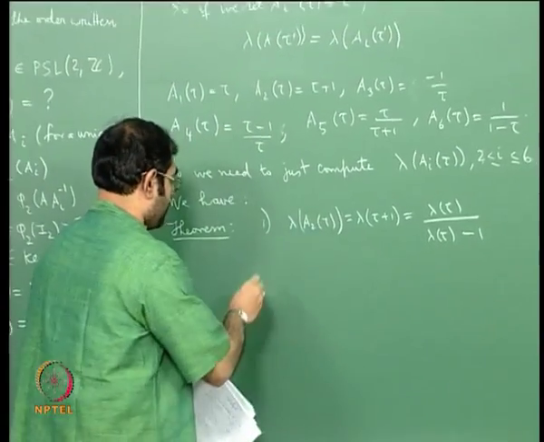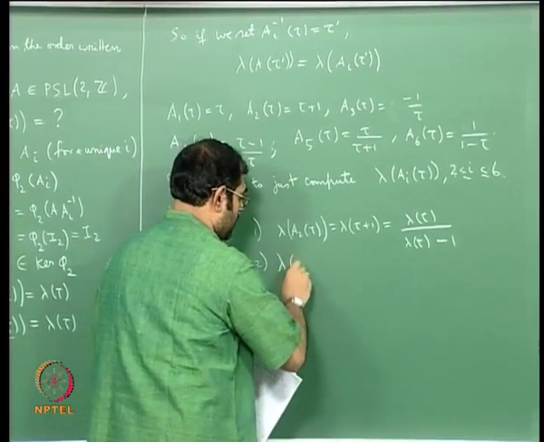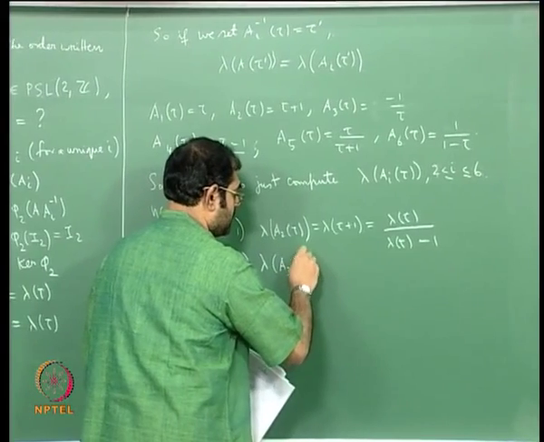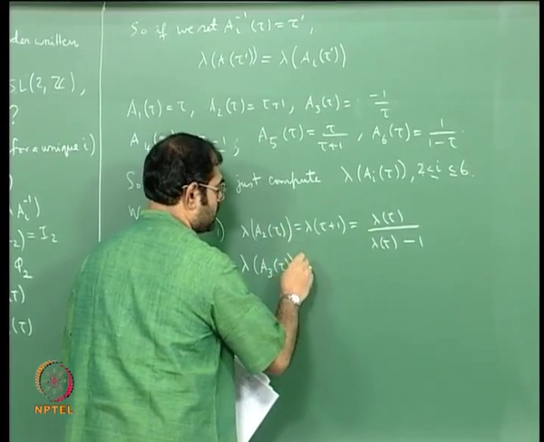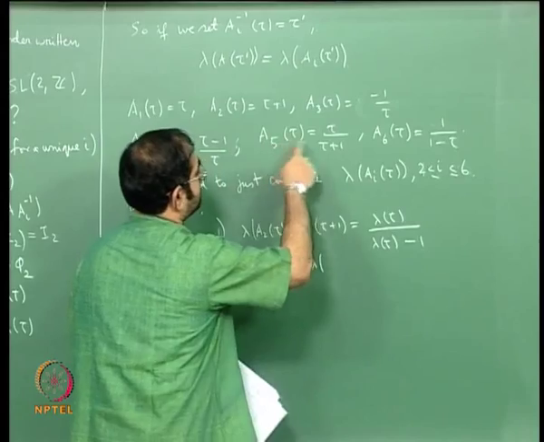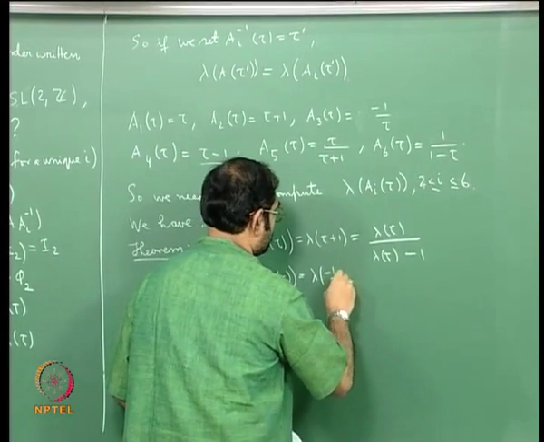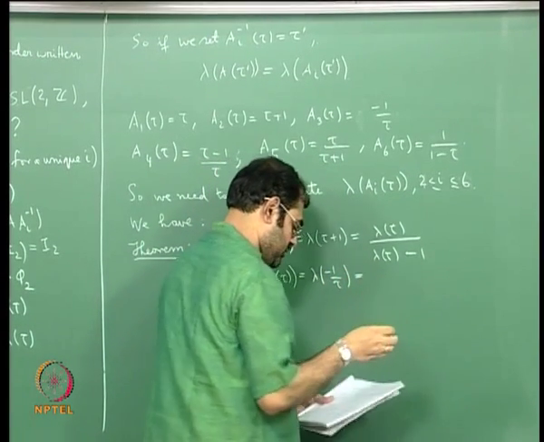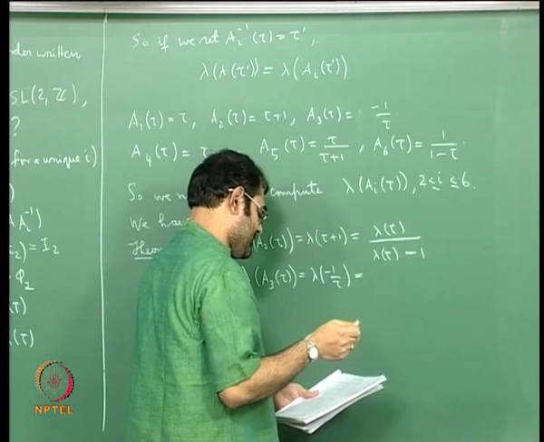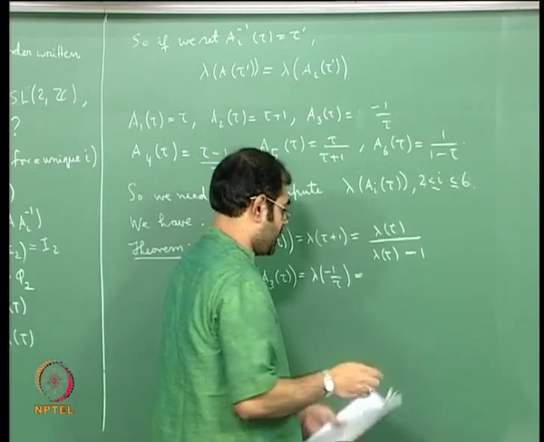The second one is lambda of a3 tau, which is lambda of minus 1 by tau, and that turns out to be 1 minus lambda tau.